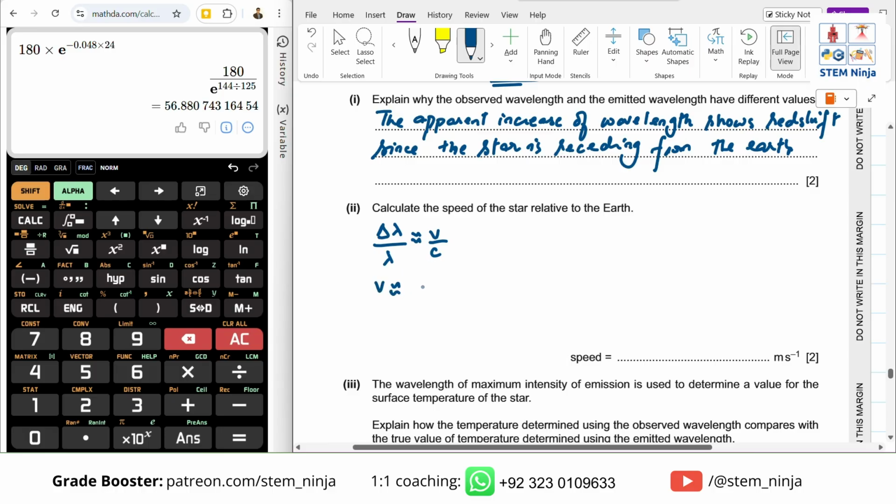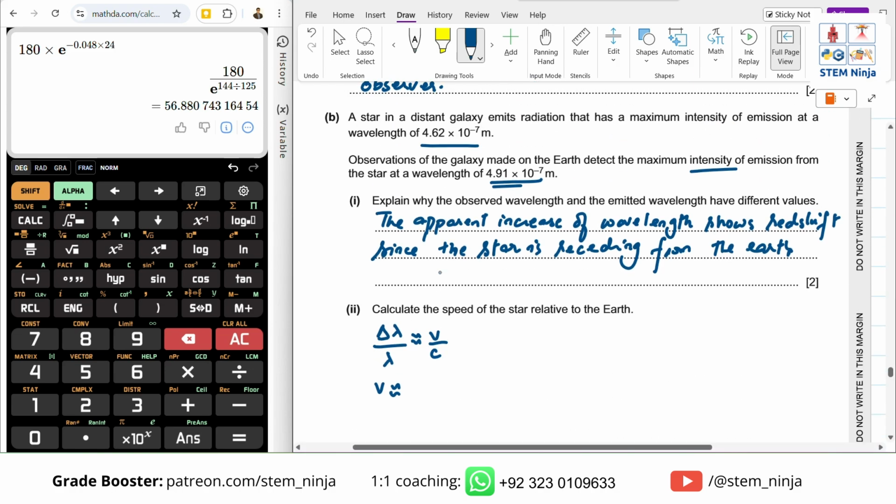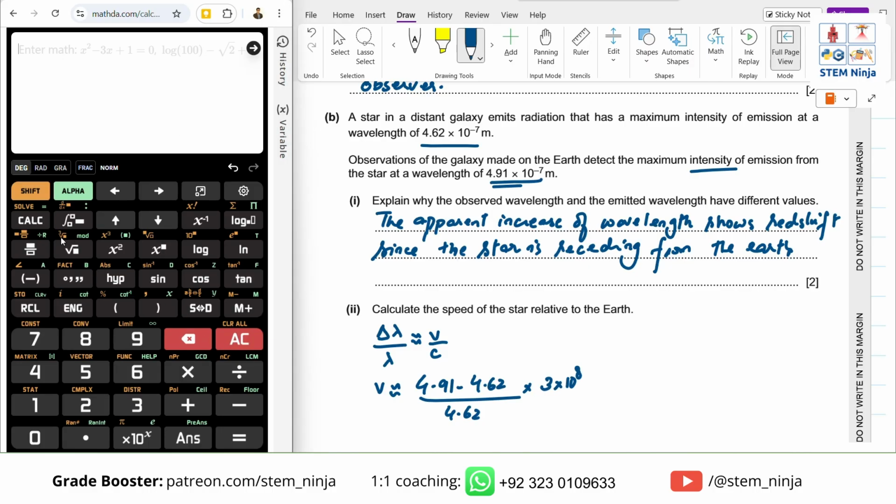So v would be approximately equal to the difference in wavelength, 4.91 minus 4.62, they have the same powers of 10, so that's why we can write it without the powers of 10, divided by 4.62, times 3 × 10^8.